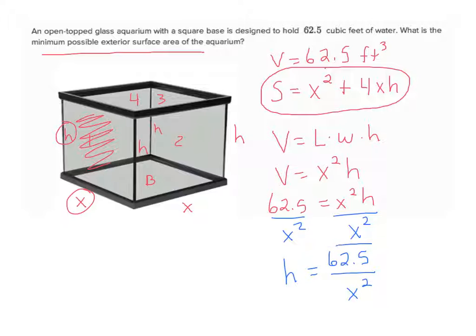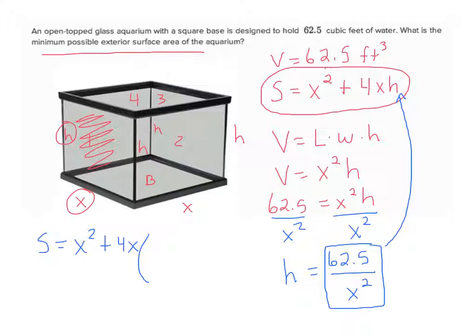Now, I know that what's inside this blue box that I'm drawing is what H equals. So I'm going to plug it in for H right there. And the only reason I'm doing all that is so that my surface area formula is in terms of how many variables? One variable. So I've got that the surface area equals X squared plus 4X times H, which is 62.5 over X squared.